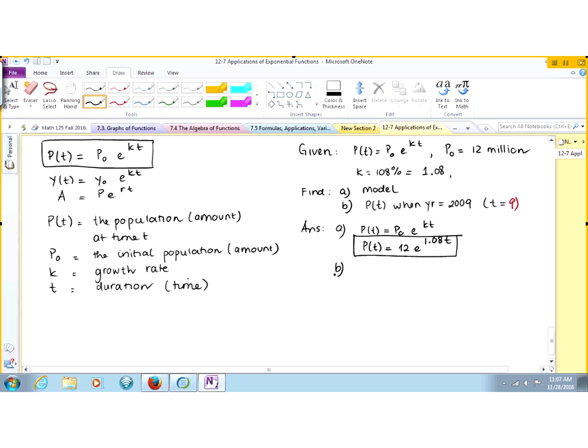How do you answer B? Yes. P of 9 is equal to P naught e to the 1.08 times 9. P naught is 12. So can we calculate, please? What is P of 9?